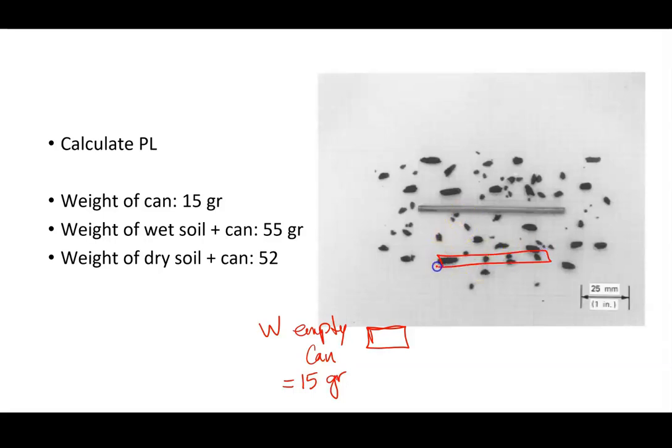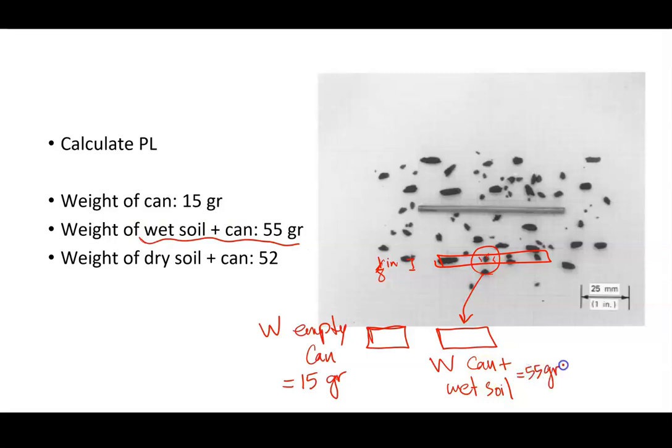Then we roll our sample and see cracks. Put some of that in our can. Now we have the weight of can plus wet soil, which is 55 grams.